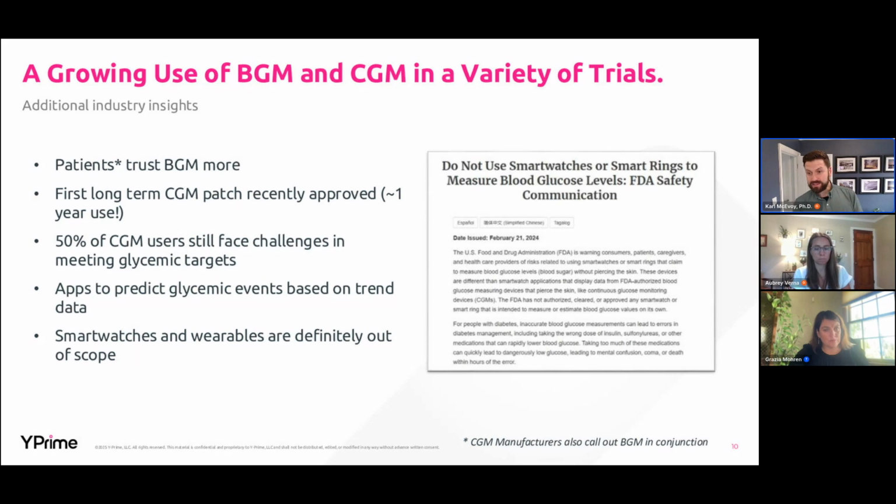It's not always super positive. It's not always, we'll say, better than BGM, but there have been populations where 50% of the patients using CGM still struggle to meet the management of their glycemic changes. So, again, it's thinking about what we're measuring, thinking about the patient population. But in consideration of that, we also see a great development from some of our clinical trial sponsors, where they're looking at the back end of this.